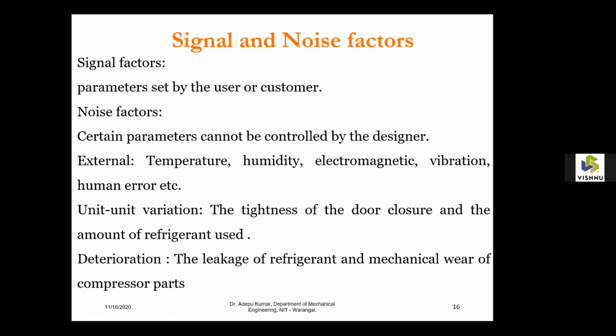The user gives some parameters to the manufacturer, and based on his requirement, we are able to produce the component or product. So those parameters are set by the user.